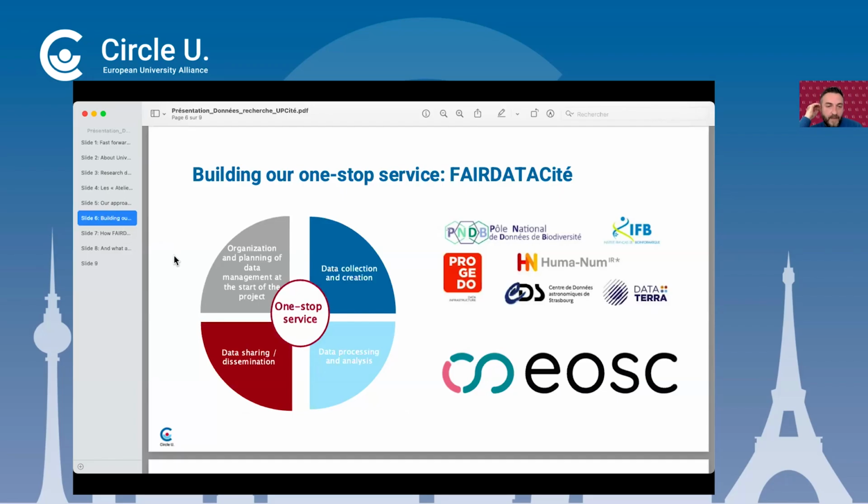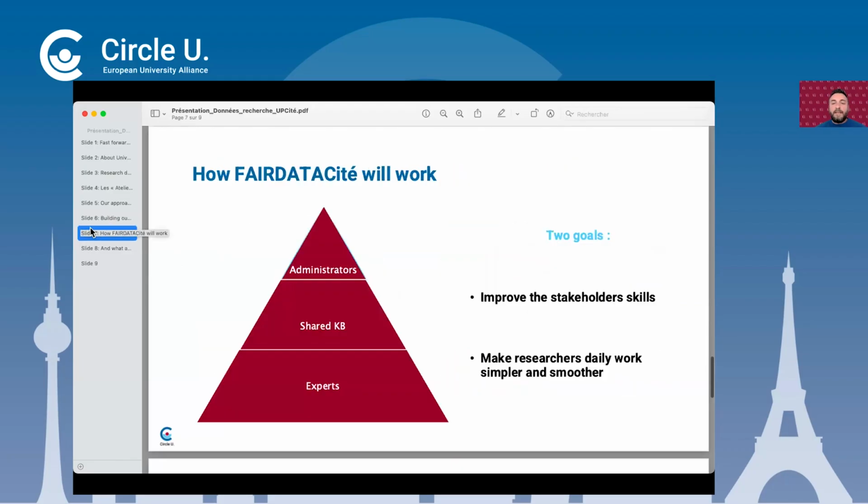To prepare for this, we've mapped researchers' needs throughout the data life cycle, from planning and organization at the start of a project to data collection and creation, processing and analysis, and finally sharing and dissemination. We're also identifying existing infrastructures, both national and European.